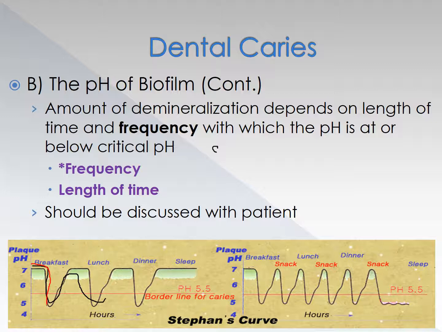And then right away I take another sip. Okay, and it hasn't recovered yet, so I'm here. And then I take another sip, and I'm sipping on it for hours. But do you see how I never really get back up to that neutral area? See how much time I'm spending below in that critical pH area? That's what happens when you're sipping throughout the day.